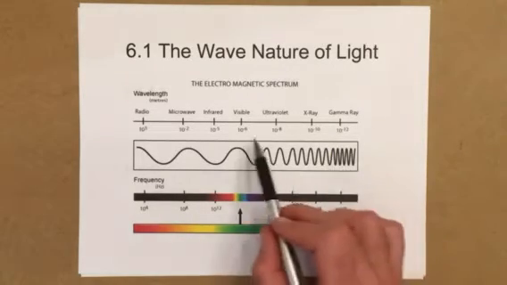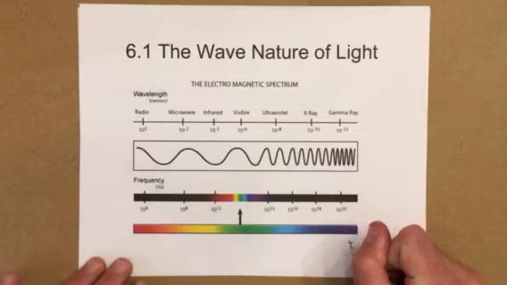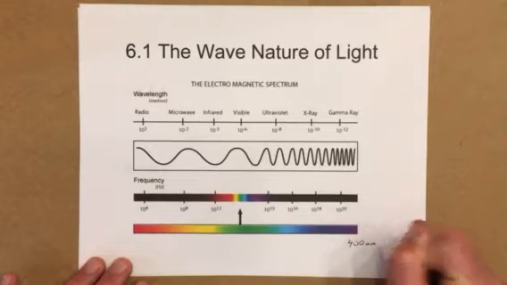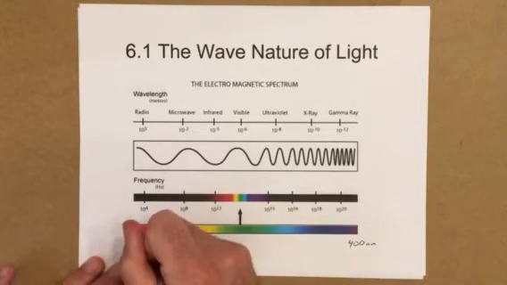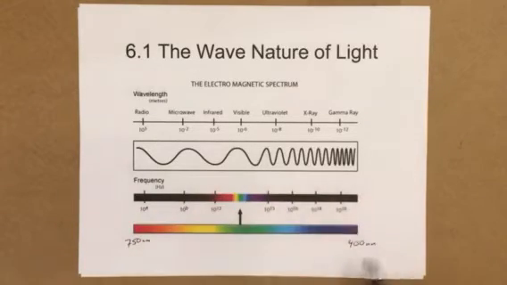Visible light is somewhere in between, from about 400 nanometers with the violet up to 750 nanometers with red light. Anything bigger or smaller than that is the same type of electromagnetic radiation, but our eyes are not able to detect it.